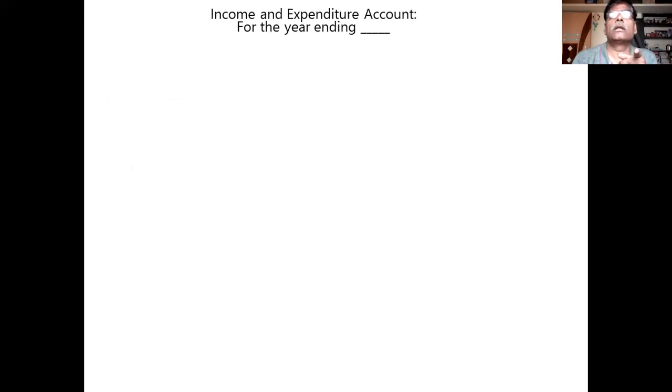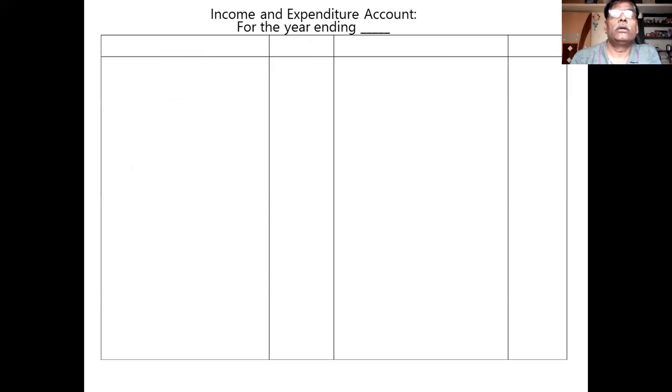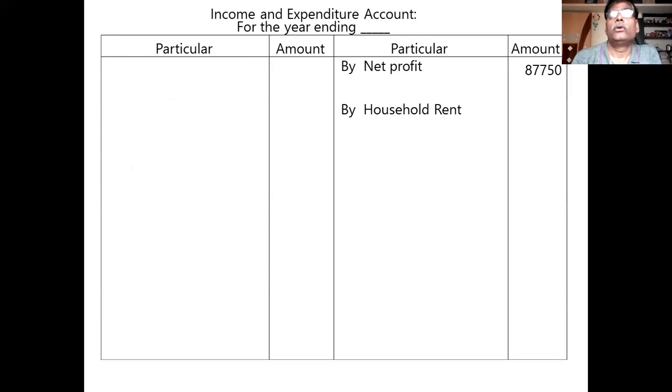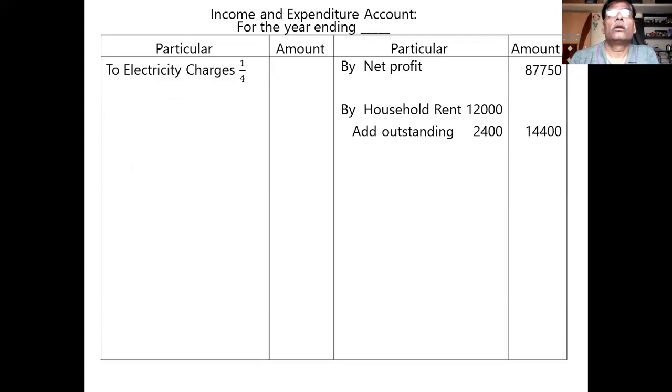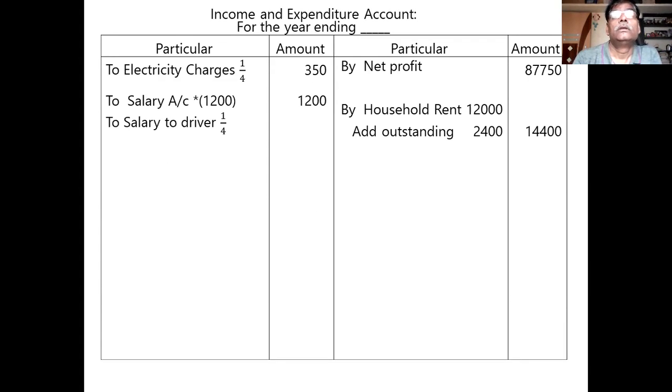This income and expenditure account is related with personal activity or domestic activity. First, you take the net profit. Then you take the household rent 12,000. In that rent, add the outstanding 2,400, making 14,400. Then you take the expenses of which 1/4 are purely domestic: electricity 1/4, salary 1,200, whatever deducted above, and salary of driver 1/4.